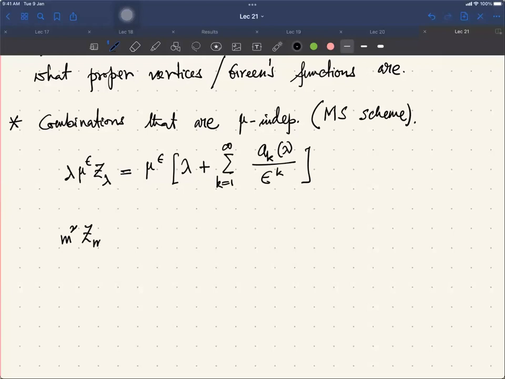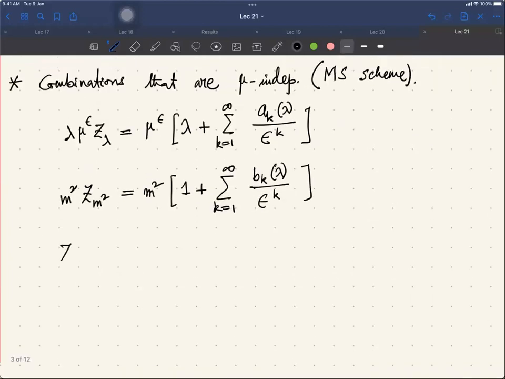Then m squared times zm squared, where zm squared is given by 1 plus sum over k equals 1 to infinity bk lambda over epsilon to the power k, and z phi to the minus n by 2 times gamma tilde n, with the set of external momenta represented by p, lambda mu, m mu, and mu.